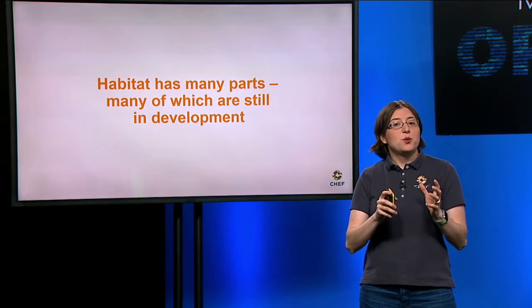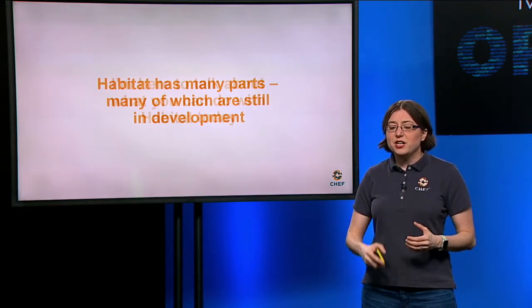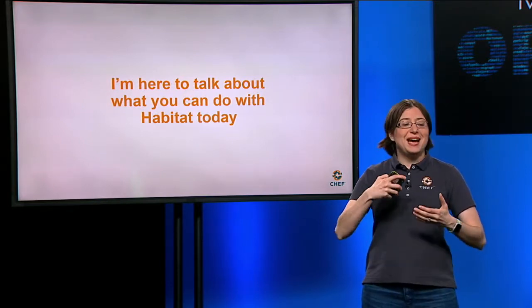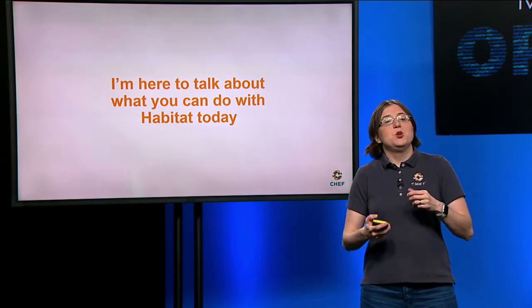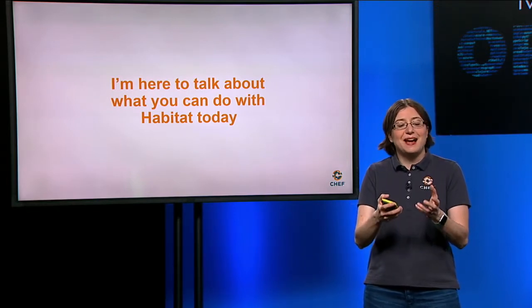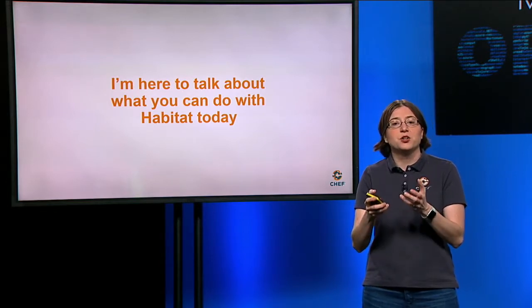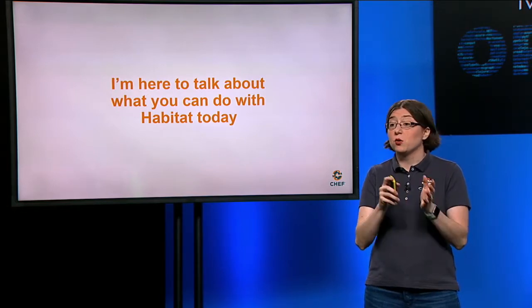Now, a lot of other components are still in development, and even though they are very promising, I'm here to talk about what you can do with Habitat today, how you can create and run application packages nearly anywhere, how you can move existing applications into the cloud and give your applications the intelligence to recover from failure on their own, without the need for a central orchestrator or controller.